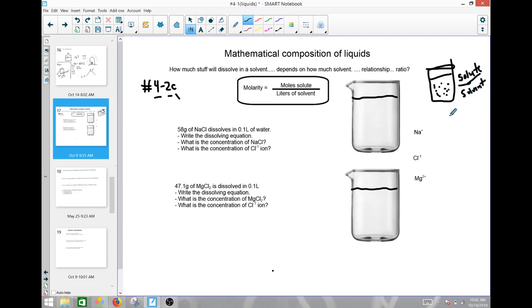Okay, so for example, we could do percent by mass. Percent by mass would just be the mass of the solute divided by the mass of the solvent, times 100, and there you go.